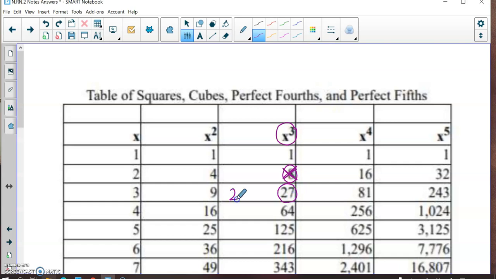We get a 27 times a 4. And then if we keep going, 108 divided by 64 comes out to be a decimal. And then all the rest of the numbers are larger than 108. So we can stop. 27 was my perfect cube. And the cube root of 27 is 3 if we look all the way to the right.